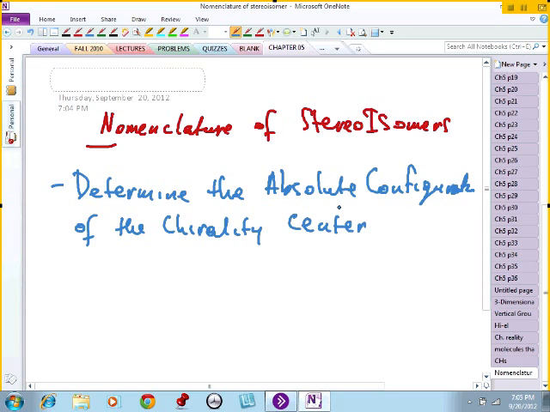Now by absolute configuration we mean the spatial arrangement.